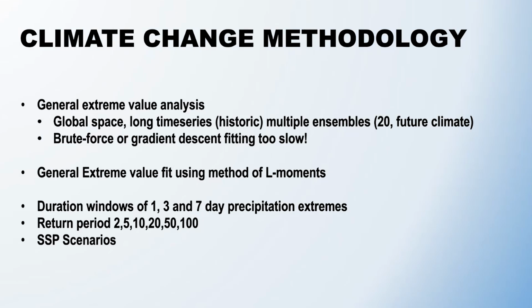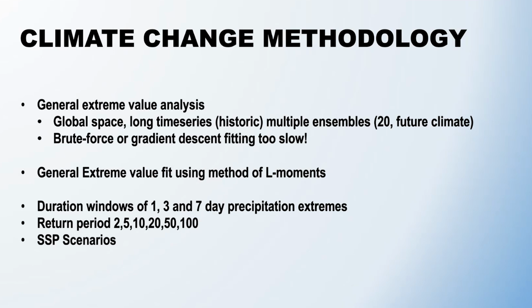Now, for climate change, things are a bit different, right? We have to look at global climate models, or local, but we use the global ones that move into the future. So what we do is we apply also here our full extreme value analysis, and that's a little bit different from what you see in other studies sometimes, where people look at single metrics like P99, so the 99th quantile precipitation, and how that changes throughout the years in these models.